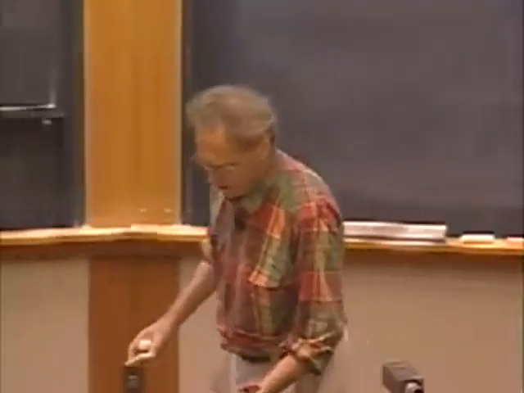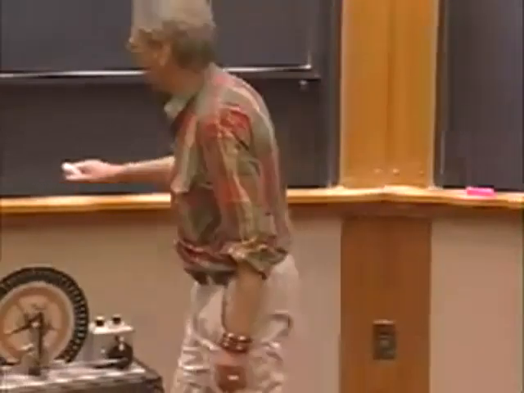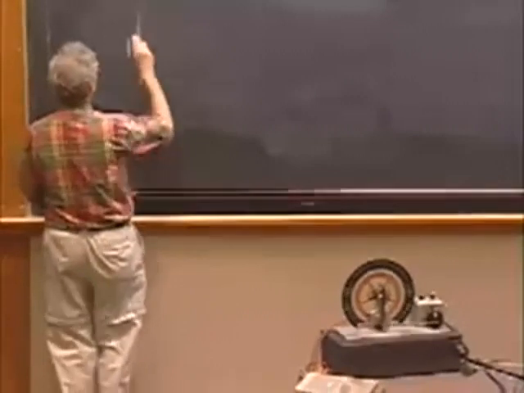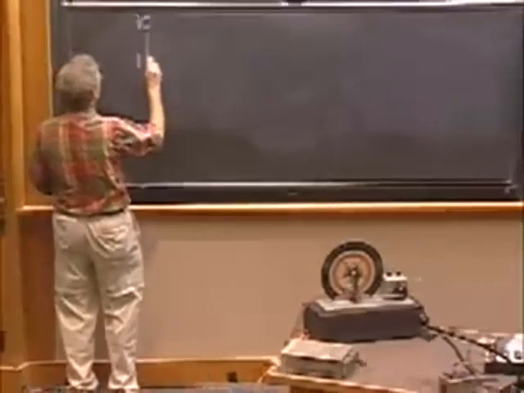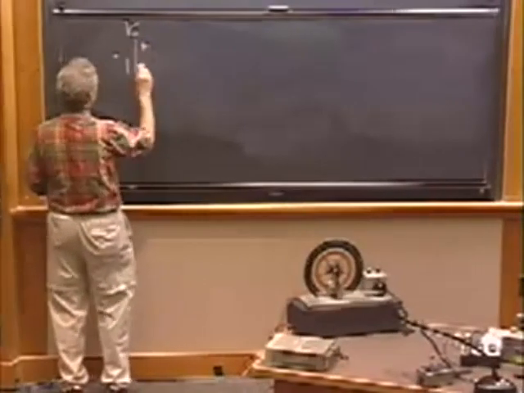I will now take you back to the good old days of 802. And I will take you back to an RLC circuit whereby I have a battery. This is the plus side and this is the minus side.